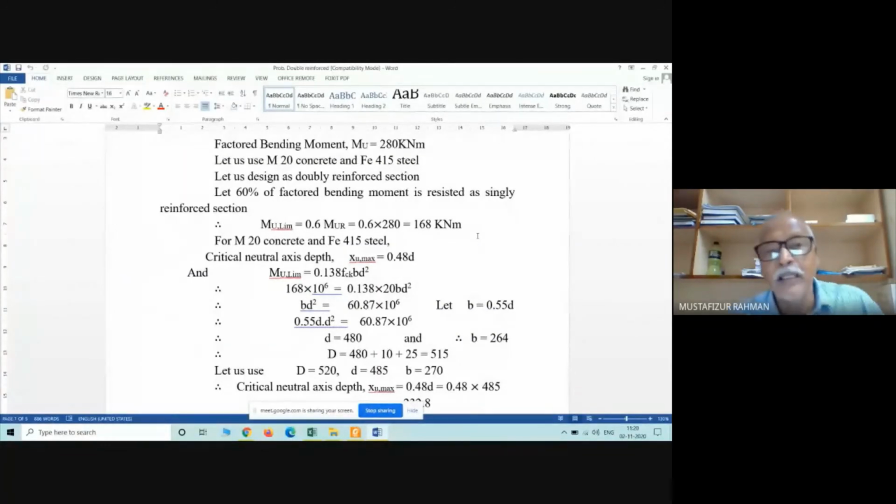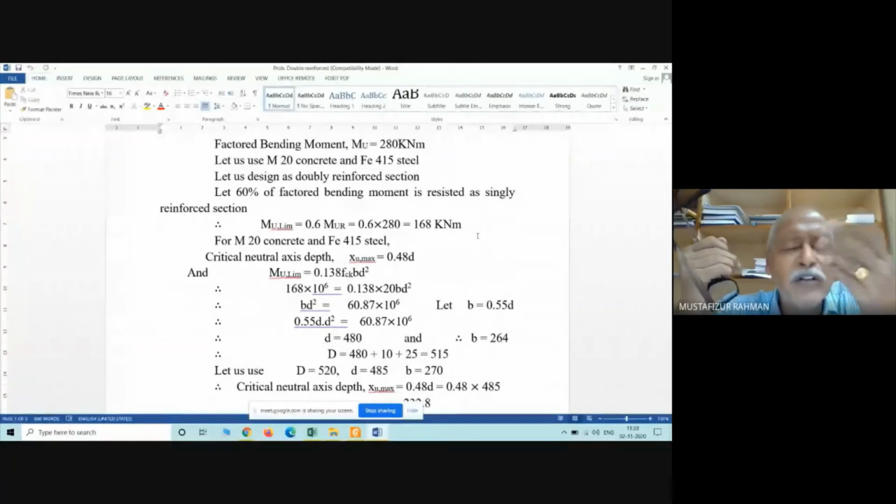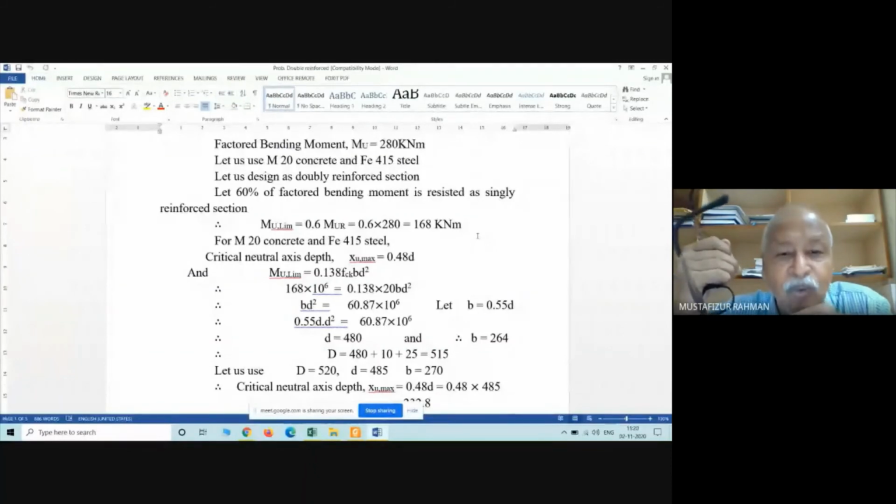That's why I had assumed 60% of the factored moment is resisted as a singly reinforced section. Now this 60% is not always constant. The only thing is that we try to find the major part, that means more than 50%. So you can consider 55%, 60%, 62%, 63%, and so on. But it cannot be 100%. If it is 100%, it becomes a single reinforced section.